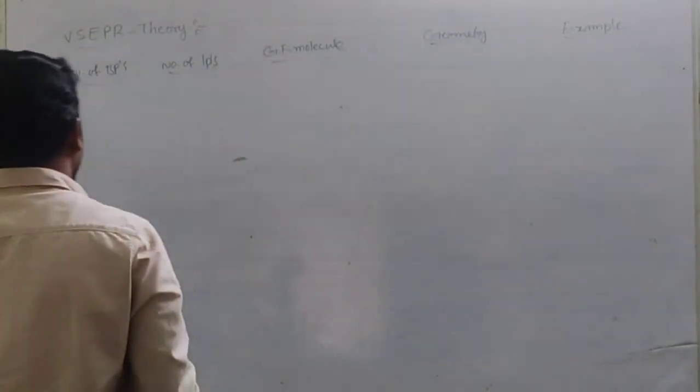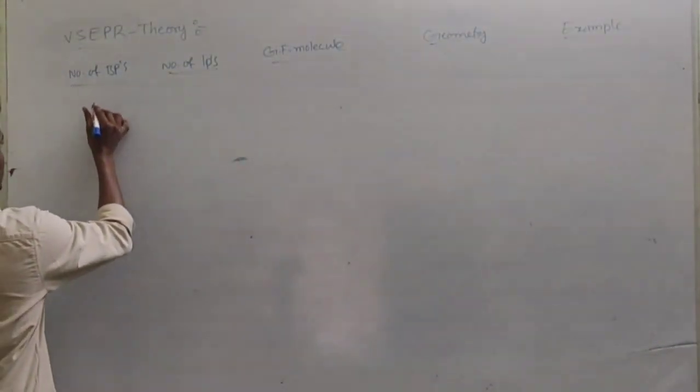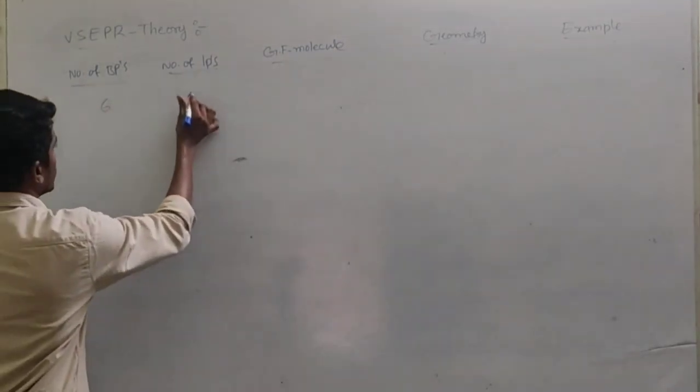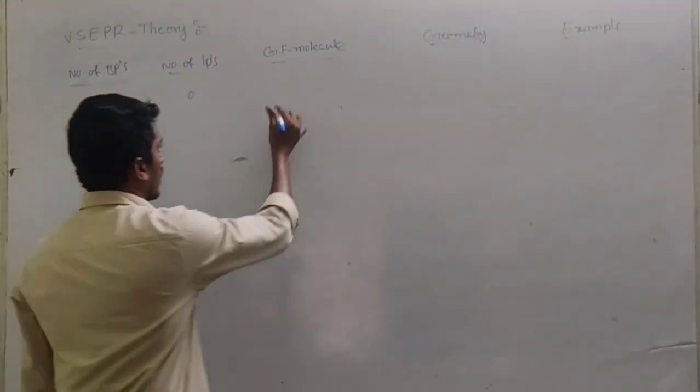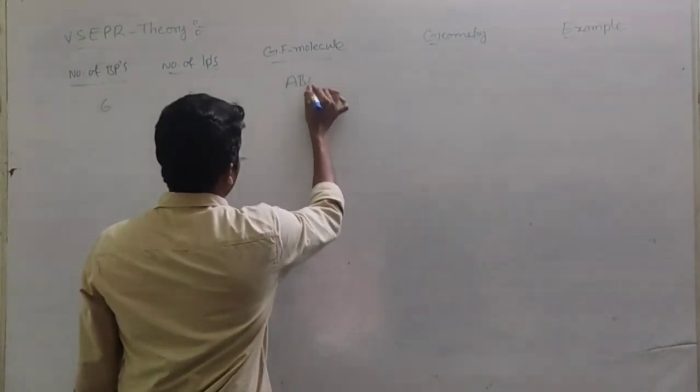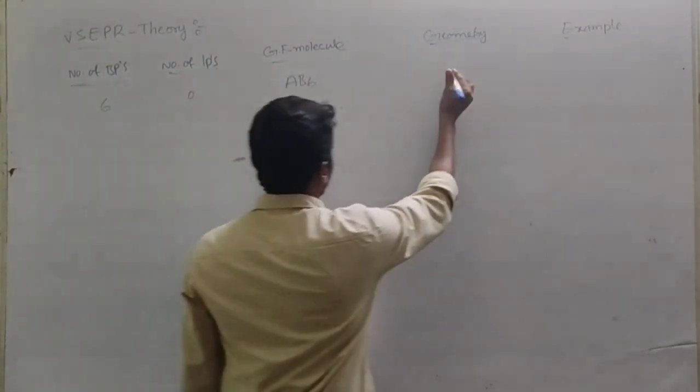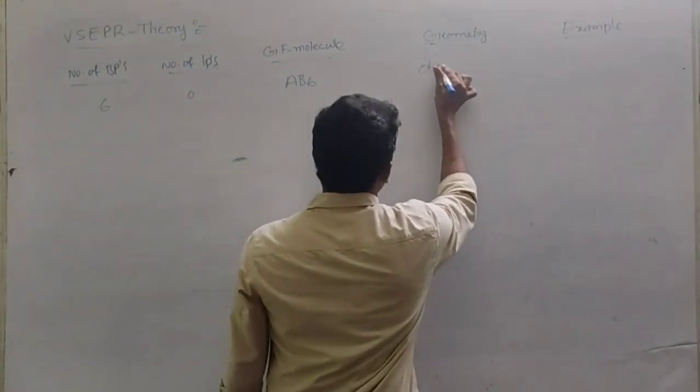So next, if any molecule has 6 bond pairs and 0 lone pairs, general formula AB6, geometry for that octahedral.